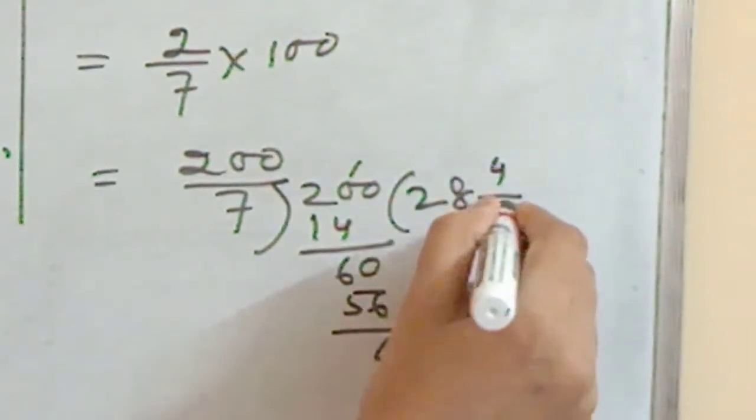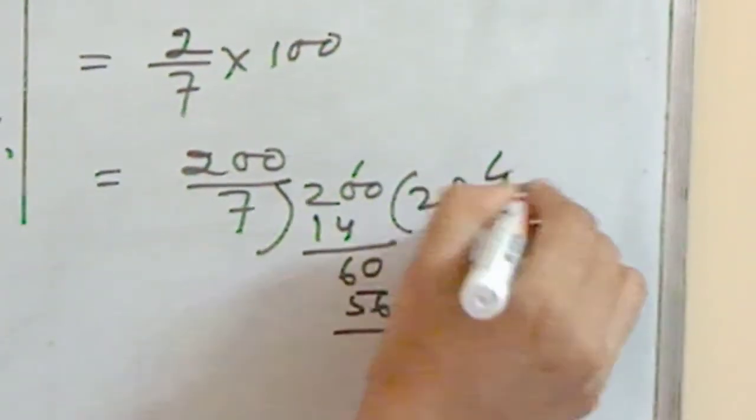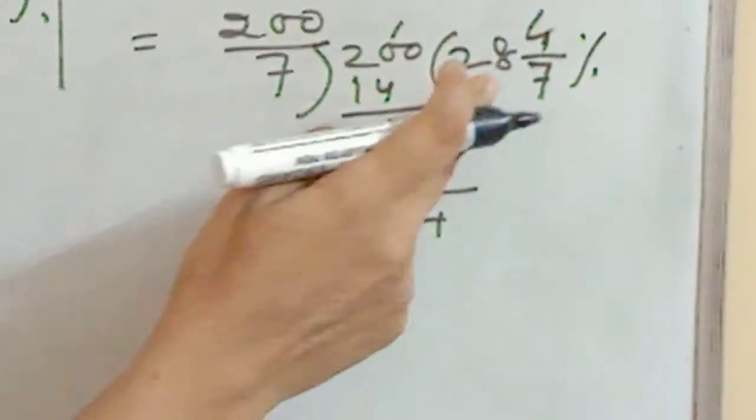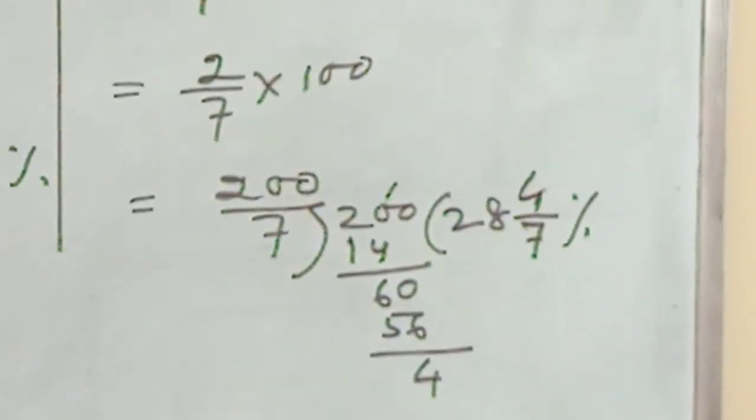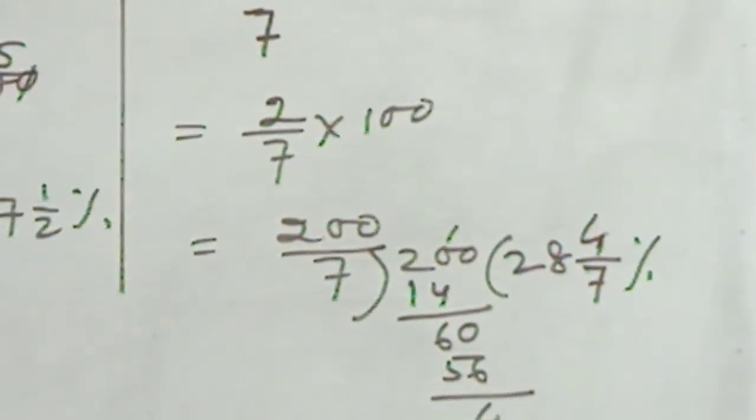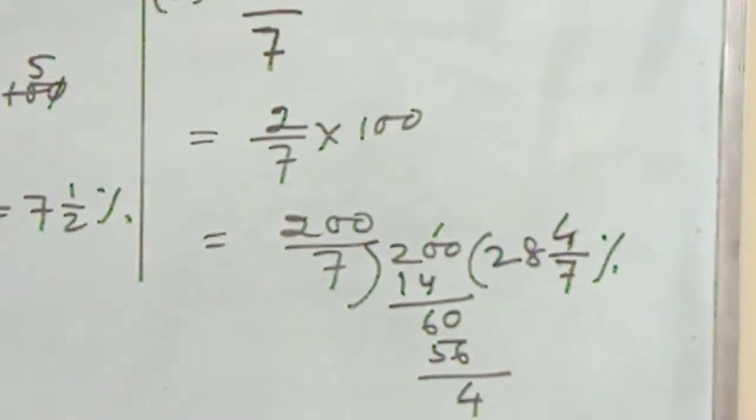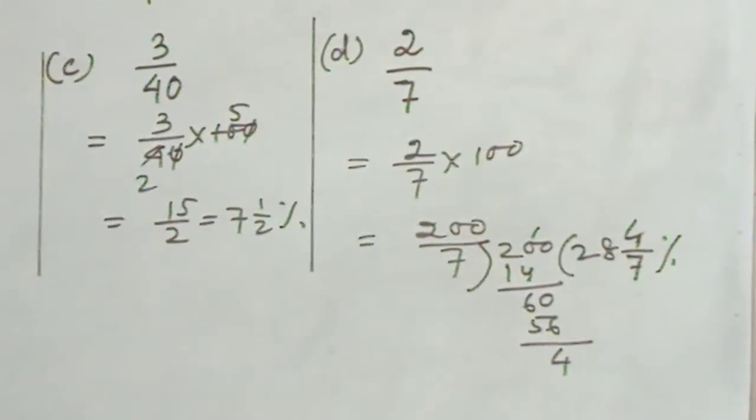So 4 by 7%. Therefore the answer is 28 4/7%. So how to convert a fraction into percent, I think you all understood.